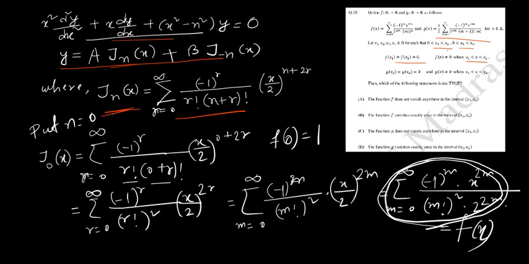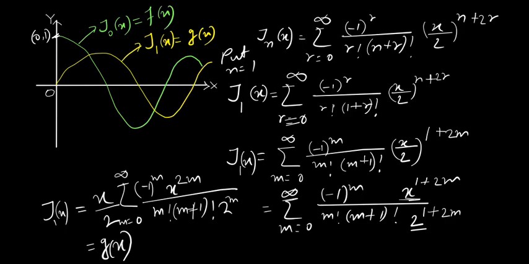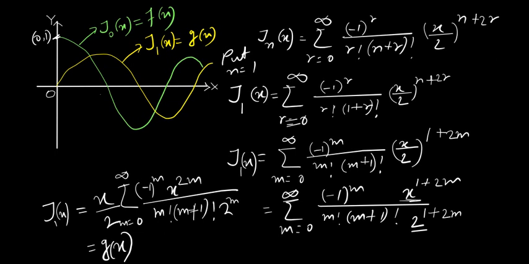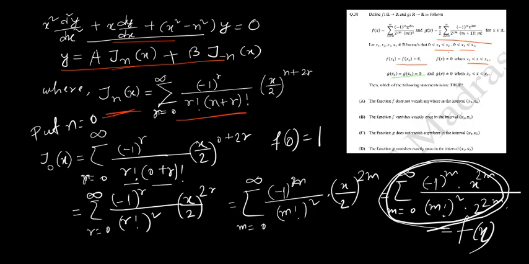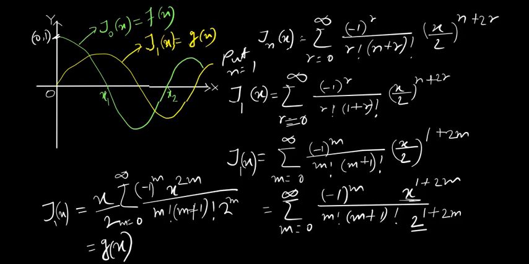Now in this question, f(x1) equals f(x2) equals 0. Suppose x1 is this and x2 is this, and at these points x1 and x2, f(x) is 0. And g(x3) equals g(x4) equals 0.